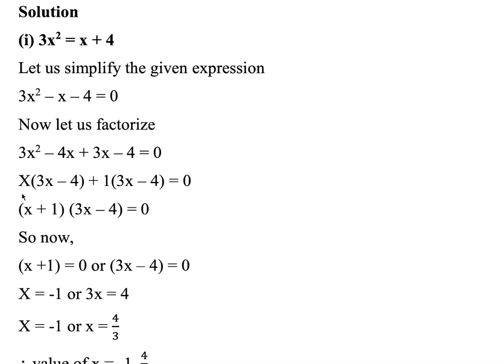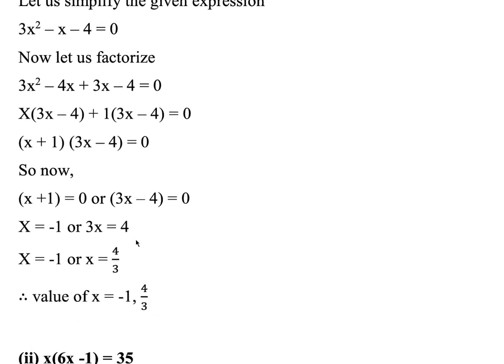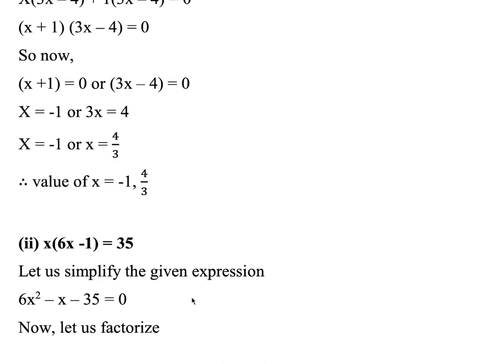So take x common, the remaining part will be 3x minus 4. Here take 1 common, under the bracket 3x minus 4. So either x plus 1 is equal to 0, so x will be minus 1, or 3x minus 4 is equal to 0. So x will be 4 by 3.